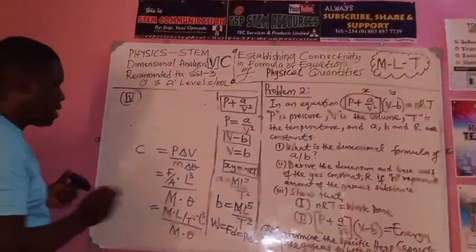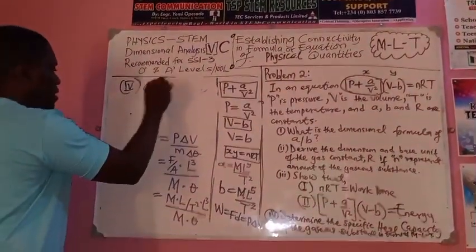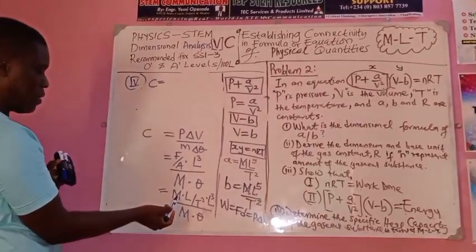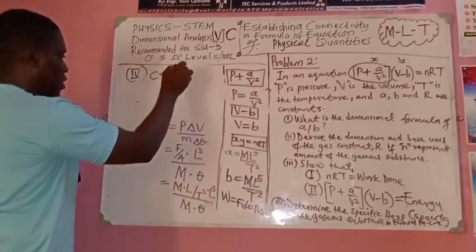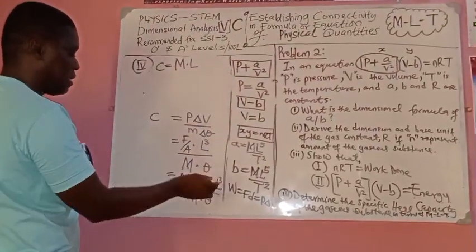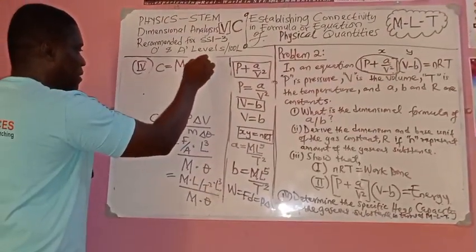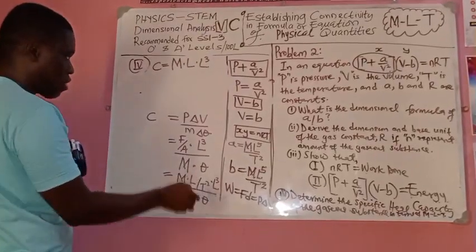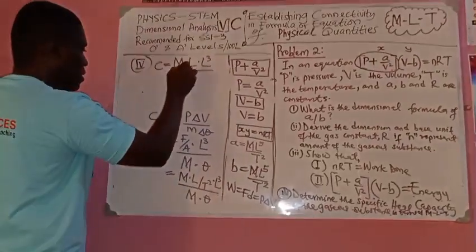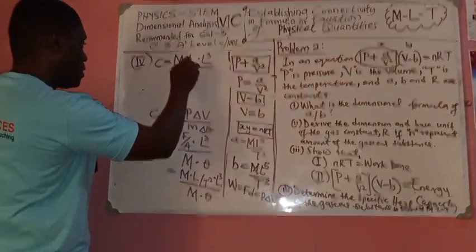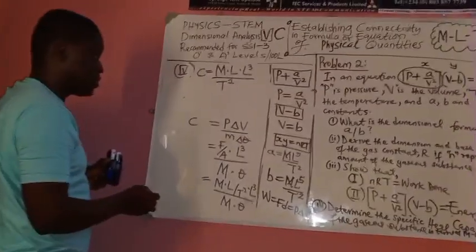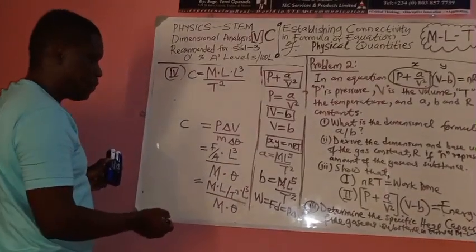Now, with this, we see that C is equal to M, mass, times L. There's another L there, L to the power 3. This T squared will come down, which is time.